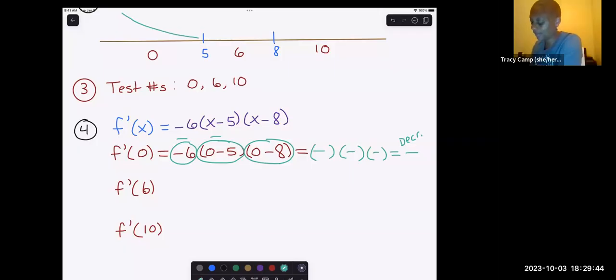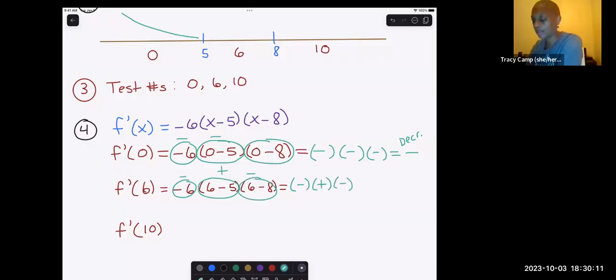Now I'm going to do the same thing for f prime of 6. So I'll have -6 times 6 minus 5 times 6 minus 8. Again, I don't care what the value is. I know that -6 is negative, 6 minus 5 is positive, and 6 minus 8 is negative.